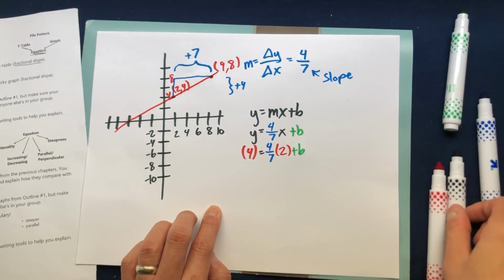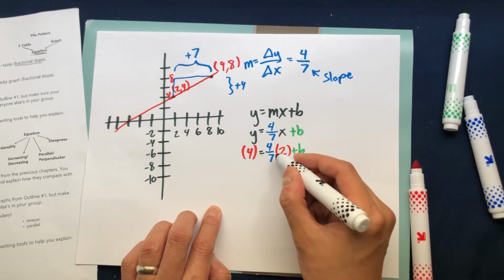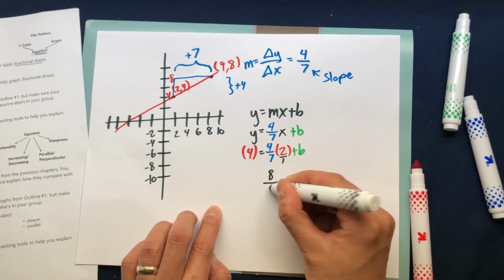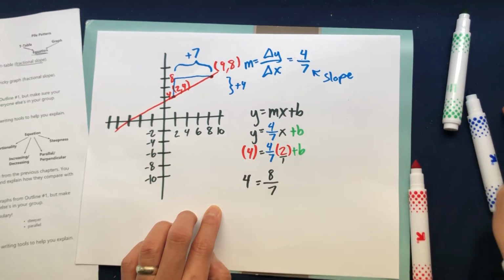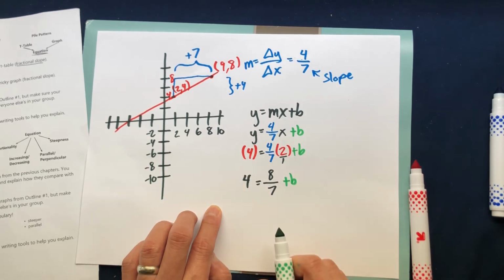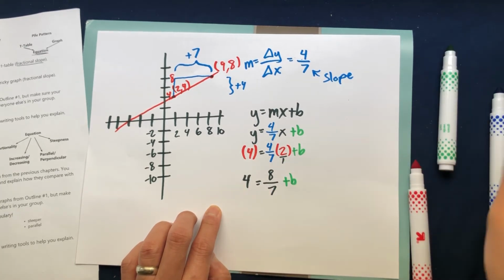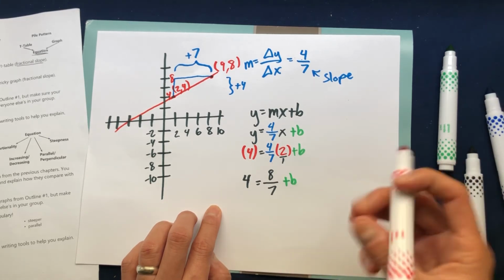And if we wanted to multiply it out, 4/7 times 2/1 is going to give us 8/7 plus b. And that must equal 4. And to get b by itself, we're going to subtract 8/7 on both sides.